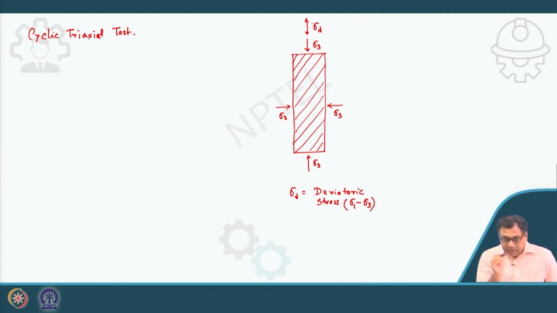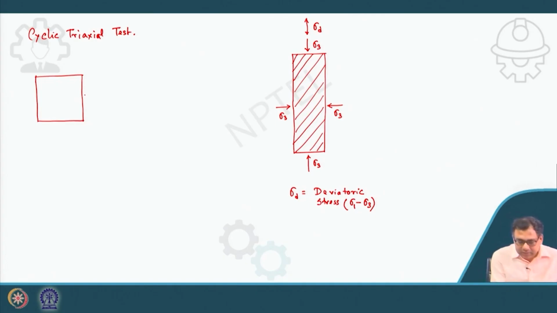Now, suppose this is the all-round pressure first, so we again take a soil element. In the initial condition, sigma 3 is applied as all-round pressure during the consolidation stage.